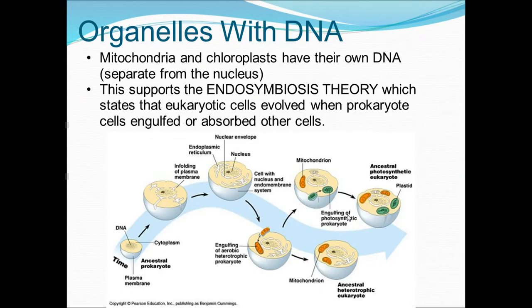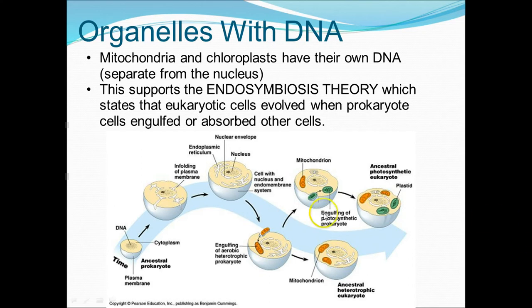Two of the organelles, mitochondria and chloroplasts, actually have their own DNA, which is separate from the DNA that's in the nucleus. And this is thought to have come about because, if you study this diagram that you see here, basically it's telling you that scientists believe way back when there were only prokaryotes existing in time, the prokaryotic cell kind of engulfed some of these other cells.